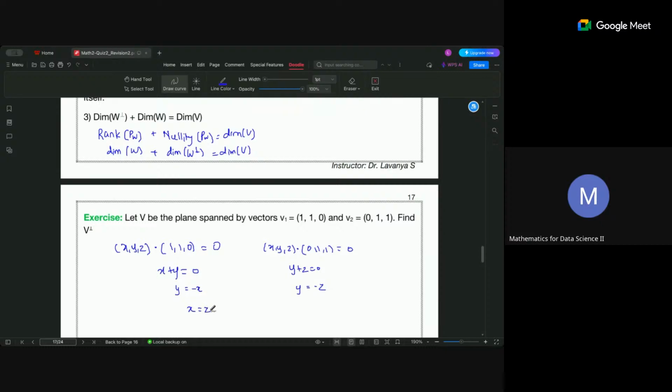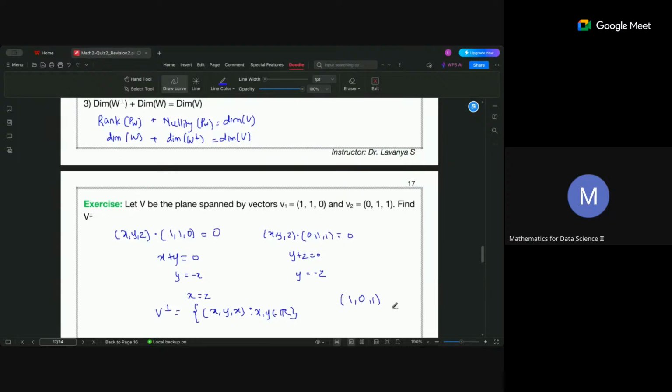So V perp is the set of all vectors (x, y, x), y in R. Randomly take one vector from here, for example, let us take (1, 0, 1).